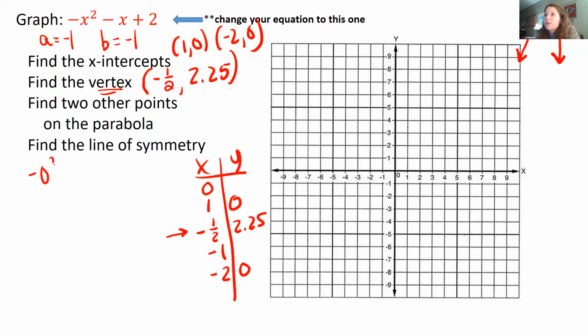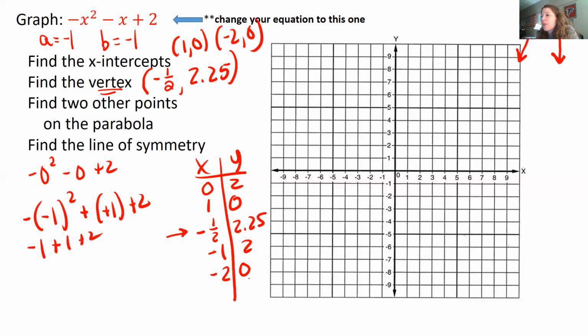So the opposite of 0 squared is 0, minus 0 is 0, and 0 plus 2 is 2. And then I'm going to use the opposite of -1 squared minus -1 plus 2. So -1 squared is 1. The opposite of 1 is -1. And then I do bam, bam, plus 1. So -1 plus 1 is 0, and 0 plus 2 is 2. Okie dokie.